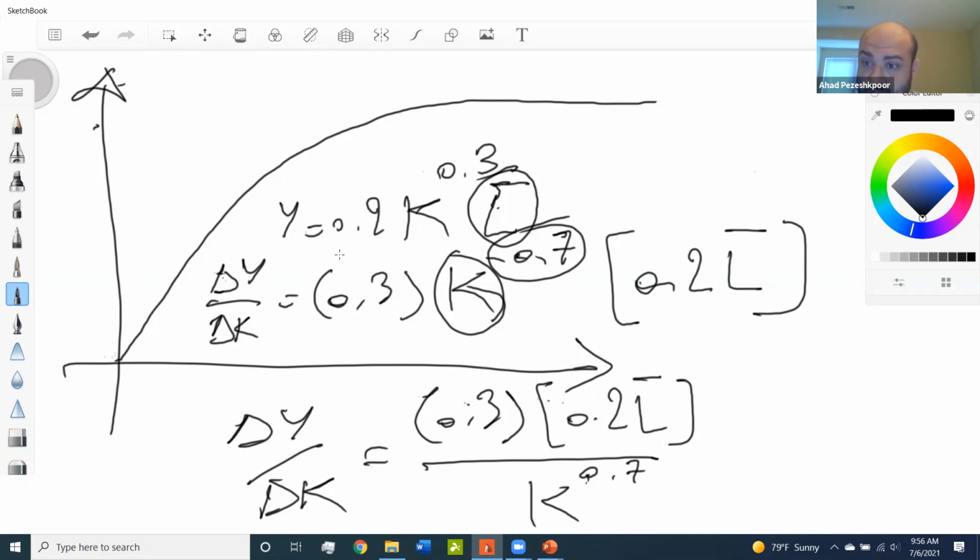Do we all understand this? A negative power puts the term in the denominator of the function. So as you increase K, the denominator goes up. Therefore, the output of the function goes down. As you increase capital, the amount of extra output you get from that capital goes down.